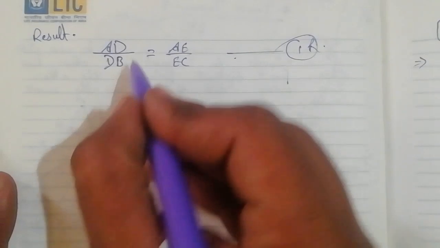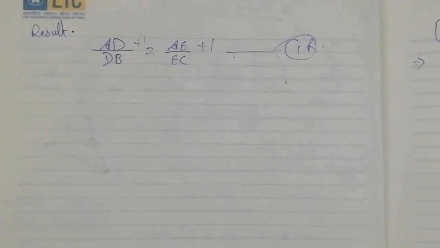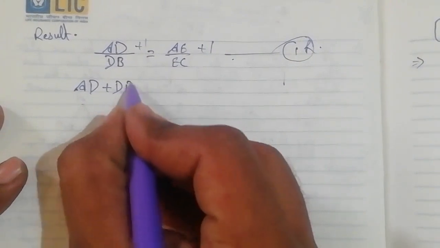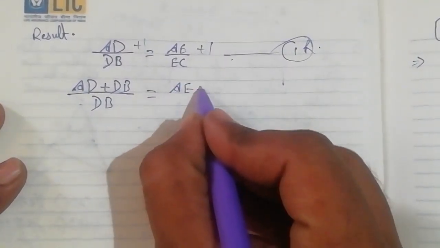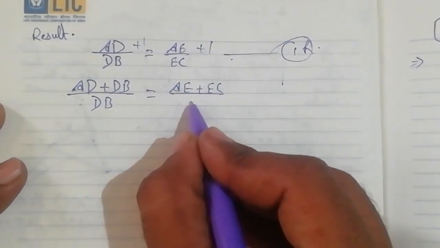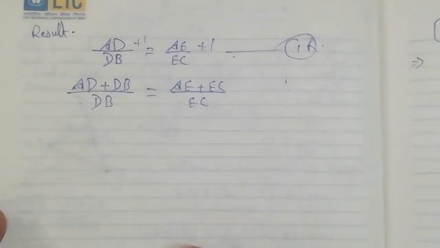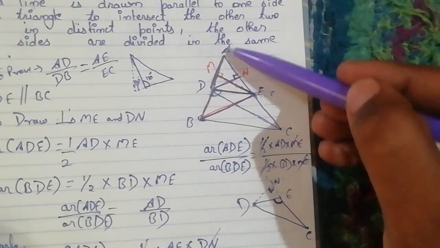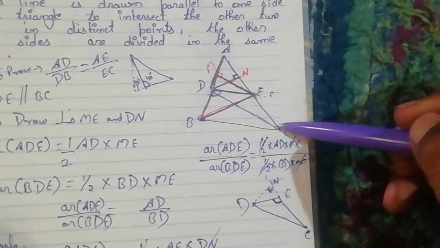Now if I add 1 to both sides, nothing will change. So here we can write it as AD plus DB upon DB is equal to AE plus EC upon EC. Look at the figure, this is AD and this is DB. If we add both of them, we have AB, and AE plus EC is nothing but AC.